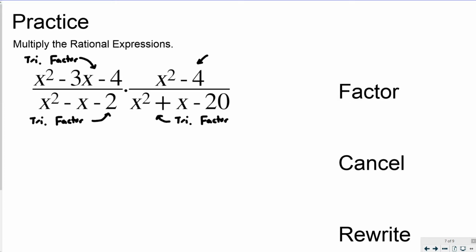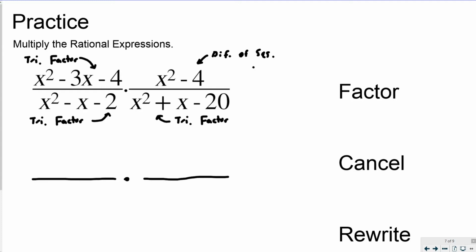I know that it's going to be a difference of two squares. So let's go ahead and put our big multiplication sign down there. We're going to have a fraction bar and a fraction bar. For the one in the upper right-hand corner, I'm going to start with the difference of two squares.